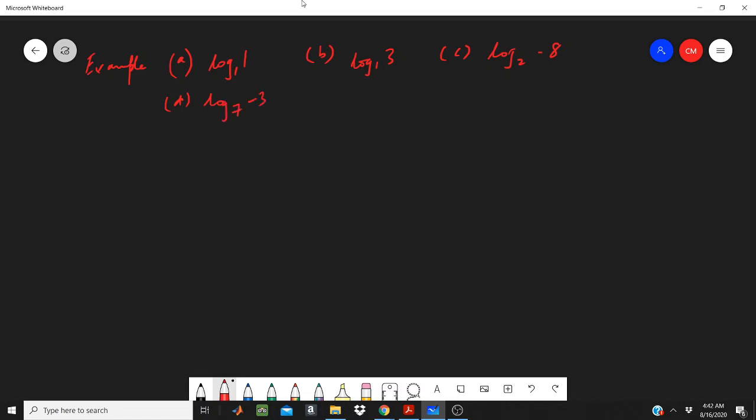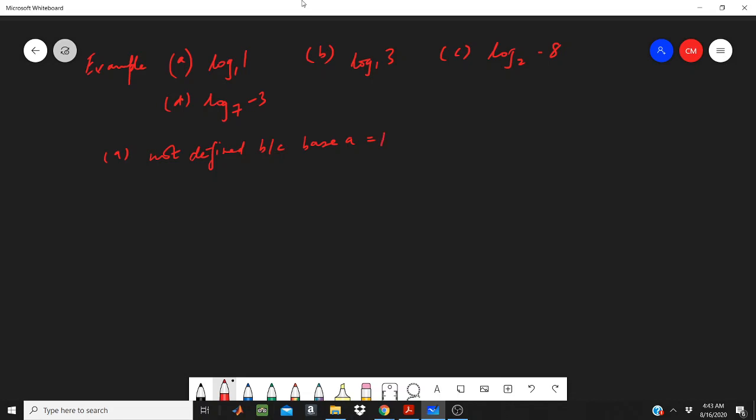So let's check which of these logarithms are defined and which are not defined. So a is not defined because we did this so many times now. Not defined because base a equals 1.